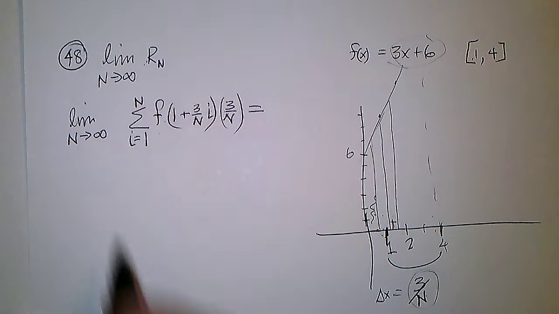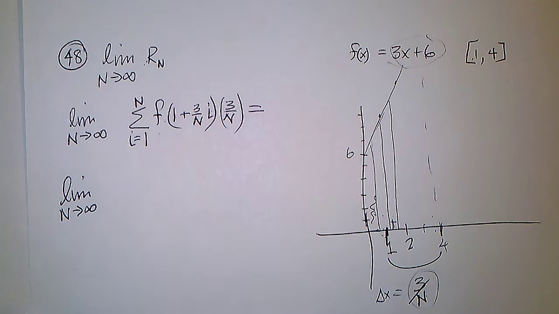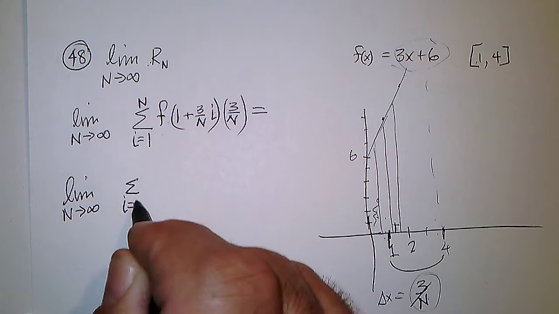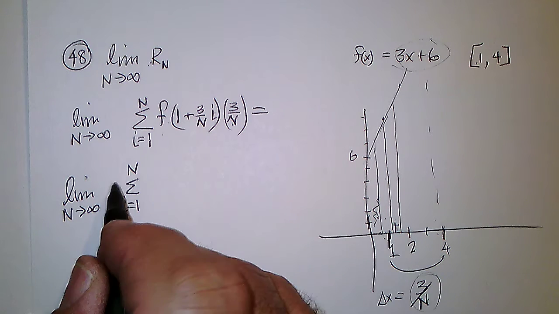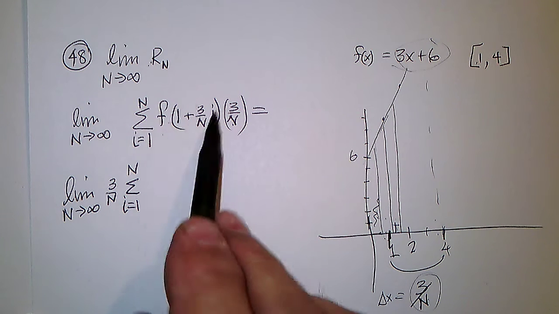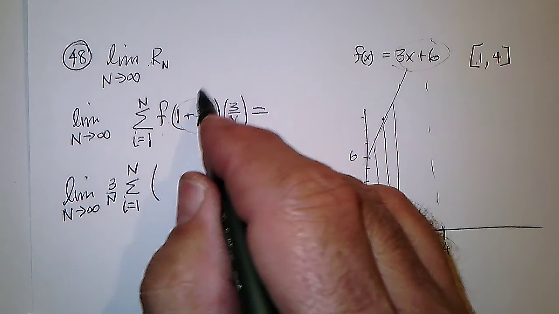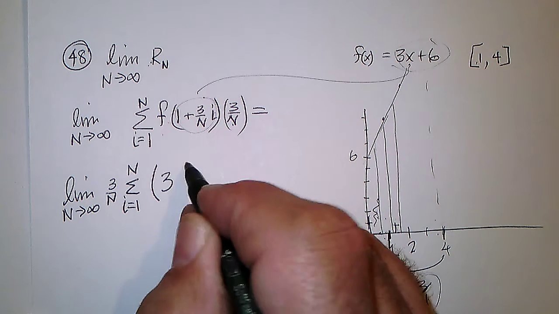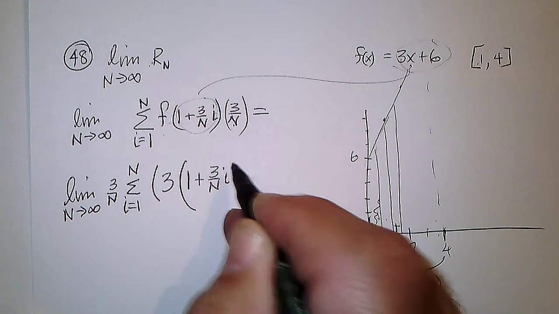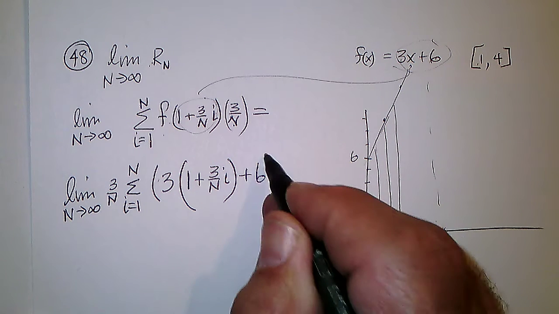So what does this become? Well, this is the limit as n goes to infinity of the sum from i starting at 1 to n. I can take the 3 over n and factor it out. And now I've got to plug this into my equation. So this is the x. I put it in for the x. So I'm going to have 3 times (1 plus 3 over n i), plus 6, since f is 3x plus 6.